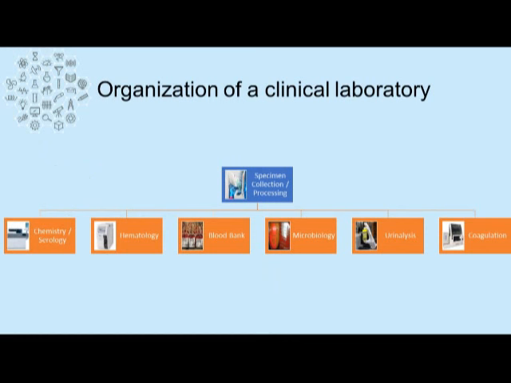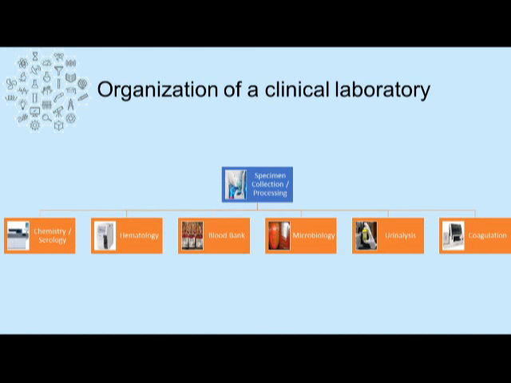So one of the first things to note about the organization of the clinical lab, not only where they're located, but how specimen processing, collection, and distribution of samples occurs. The first thing that occurs is specimen collection, which, as we talked about in our last presentation, is usually performed by the phlebotomist.